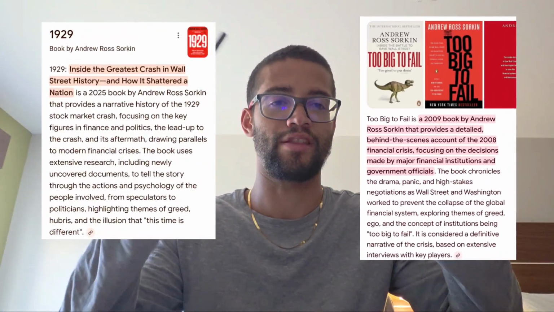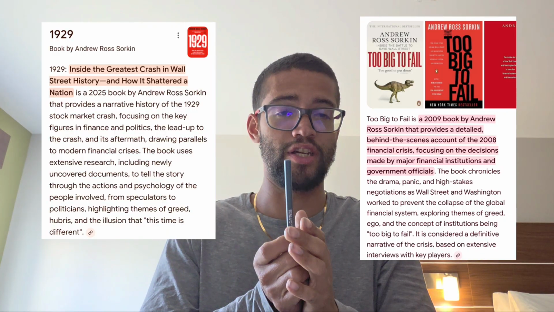So it's also predicting what will happen in politics, and if you can predict what will happen in politics, you can probably predict what's going to happen in the market. It took me years to accumulate all of this knowledge. A whole bunch of reading, 1929, Too Big to Fail, understanding how the markets are influenced by politicians. It's a really big difference of understanding, and once you understand it, you really don't want to go back, because it's like a cheat code.